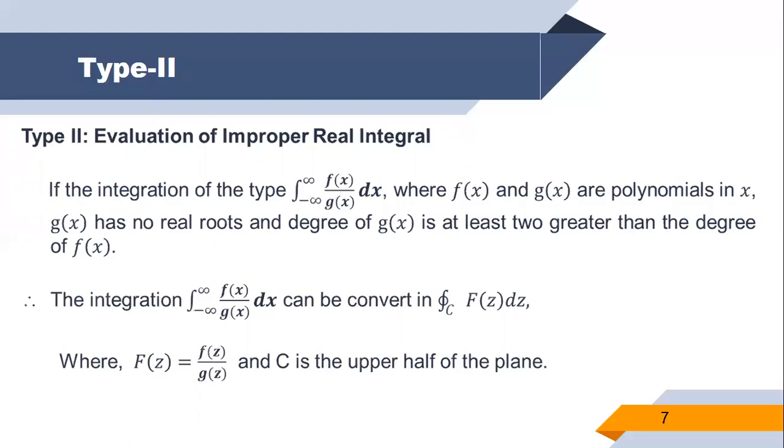That means the values where x is 0 and y is positive. x can also be negative, positive or 0, but y is always positive, that means y is greater than 0, so this is the upper half of the plane.